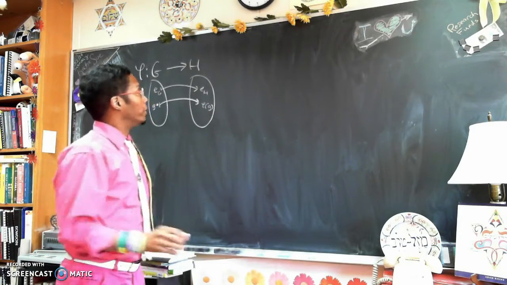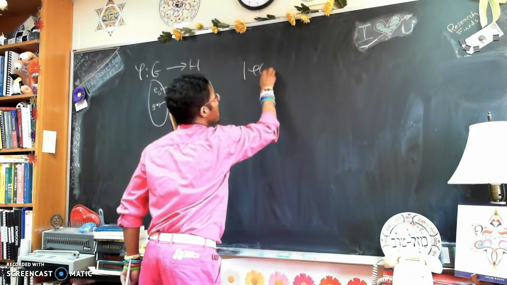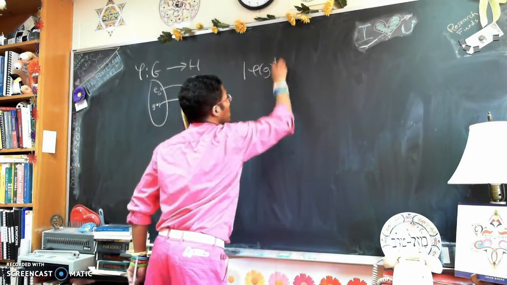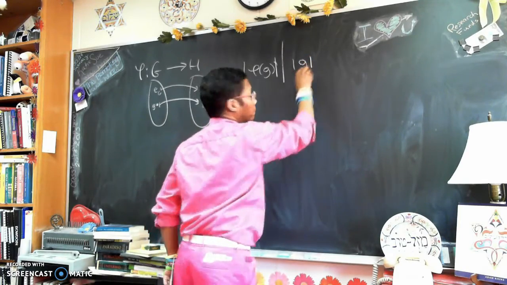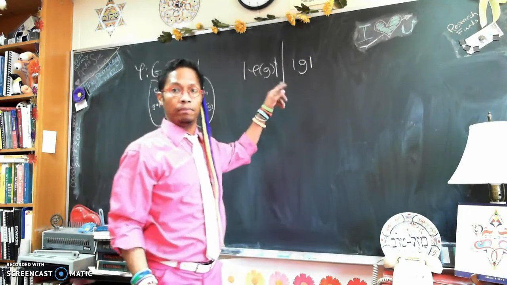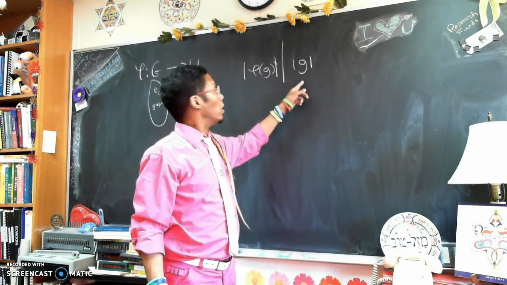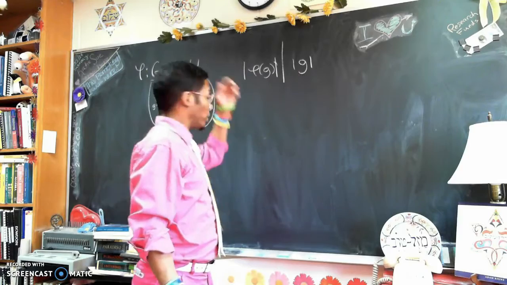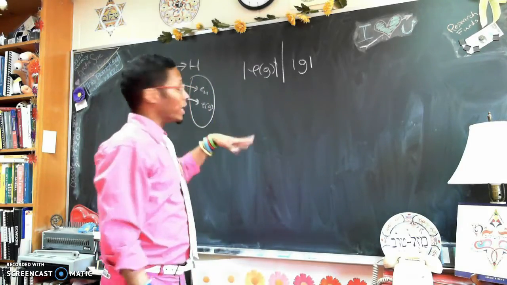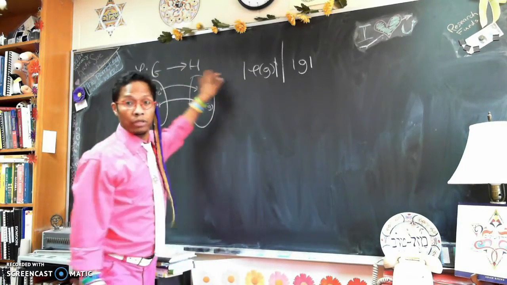Now what's important here is that the order of phi of g must divide the order of g. So the order of the image of g must divide the order of g itself. This is very important to note, and will help us count possible homomorphisms from a finite group to another finite group.